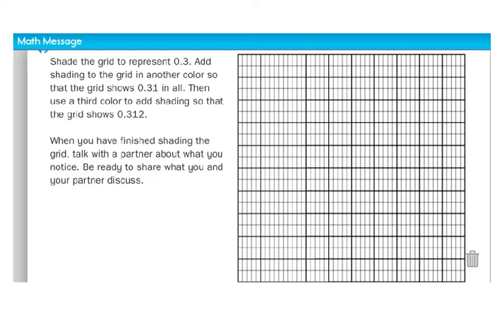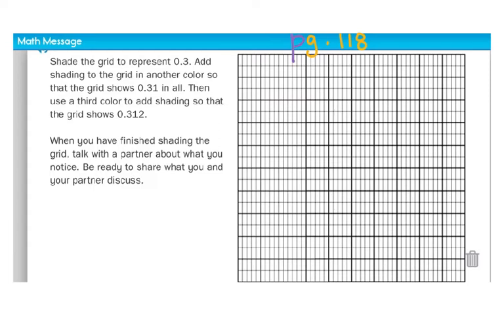We're going to go ahead and move right into our math journals to page 118. We're going to use expanded form and what we know about it and apply it to decimals. So writing decimals in expanded form, shade the grid to represent 3/10.